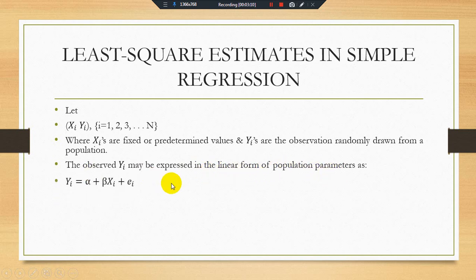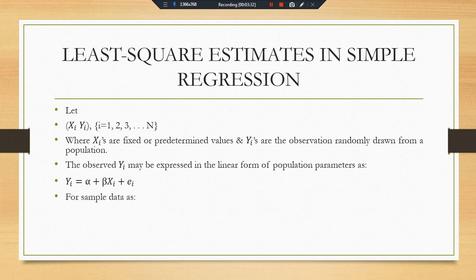In case of population, as we have gone through in the last video, yi is equal to alpha plus beta xi plus ei. Here alpha and beta are the parameters, xi is the independent variable, yi is the dependent variable and ei is the residual or error term.